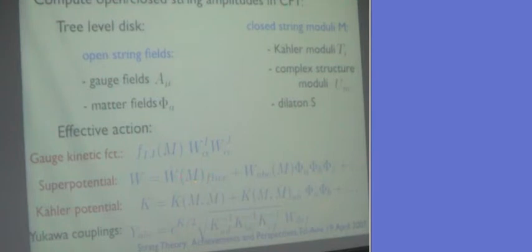It may also contain some flux part in flux compactification, which is entirely determined by the moduli. Then you have a Kähler potential, again for the moduli and also for the matter fields. And having this superpotential and Kähler potential, you can compute, for example, physical observables like the Yukawa couplings, and you need in fact the Kähler potential in order to get the right normalization for the matter fields, as is known.